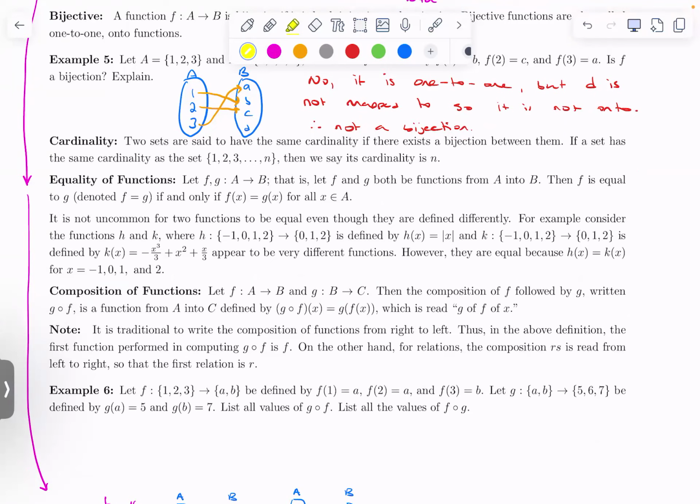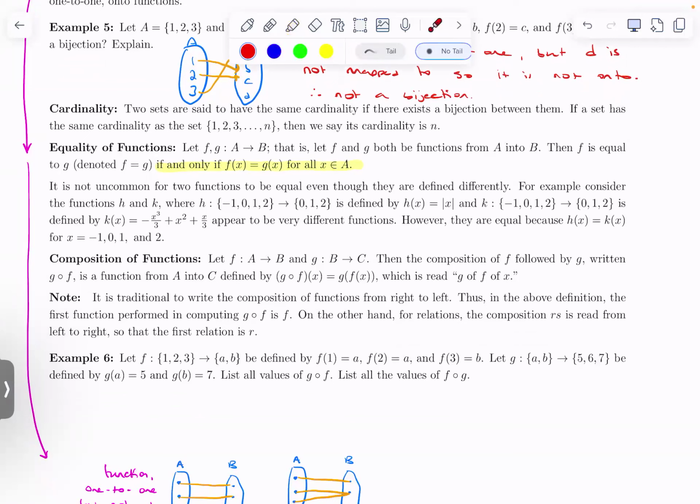And so that is exactly what it is. So f of x is equal to g of x for every x in the set A. So even though functions look different from each other, because we can rearrange things and do cool things, they can still be equal.